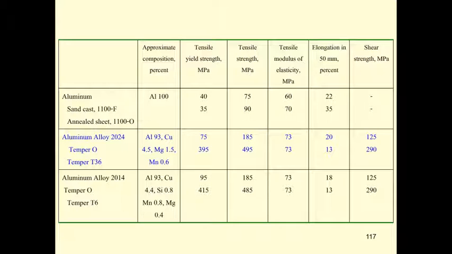This table shows you different types of aluminum. Take alloy 2024 as the example.